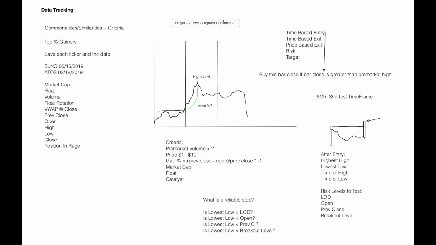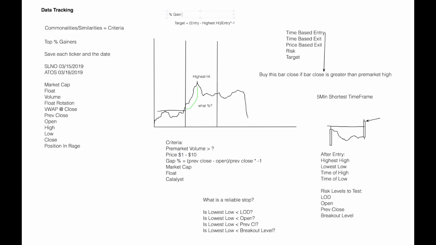It will always be negative if it's falling, and positive if it's an increase in price. So think of it like this. It's always from your start point to your end point, divided by your start point, times -1. Okay, so I'm just going to put that up here as well.